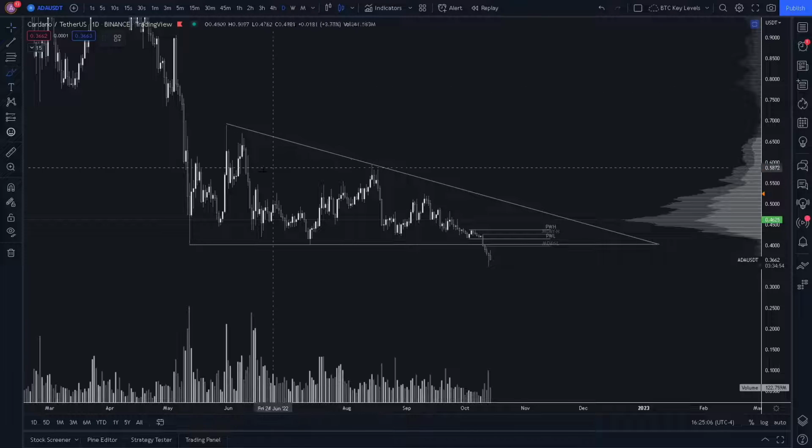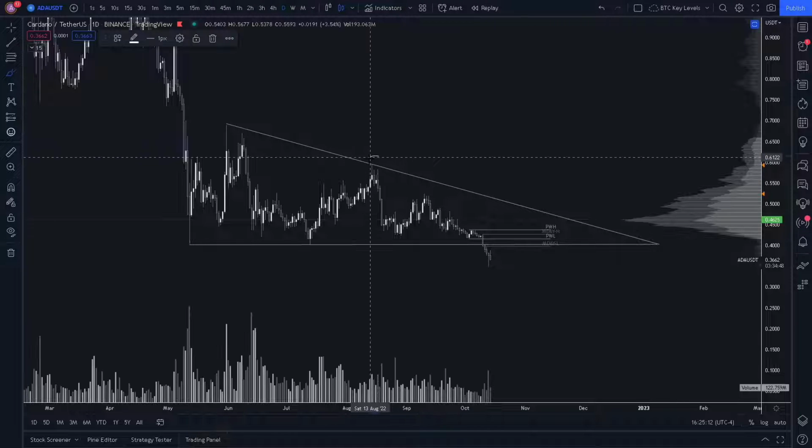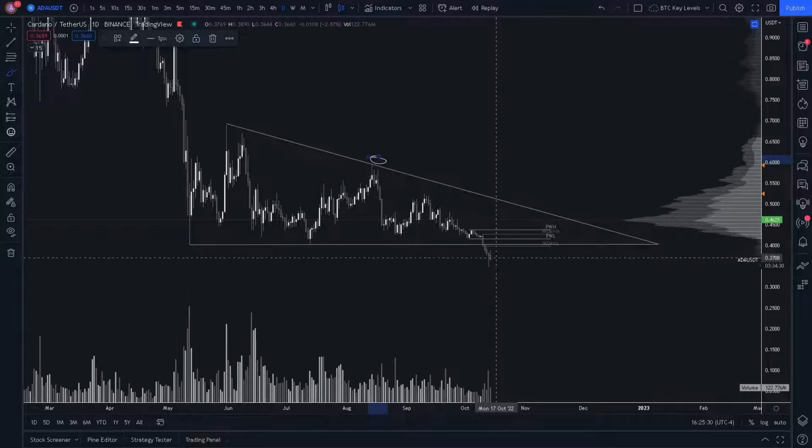For example, when retail goes short, just say retail went short here, they're gonna place their stop losses right above this trend line, right? Because in their view, if it breaks this trend line, then it is breaking out of the structure and it's going to retest and possibly move up, and vice versa.